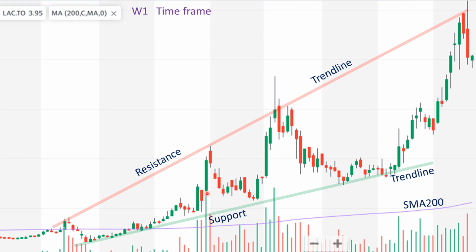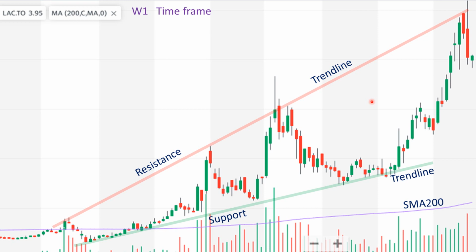Now, in order to find the direction of the trend, the price trend must be above the 200 SMA in order to be an uptrend. So the price right now is above the 200 SMA, so the trend is upward, and it continues going upward with a big probability.